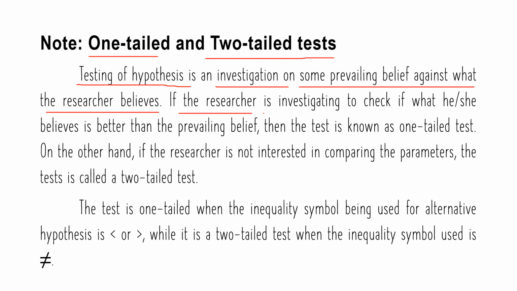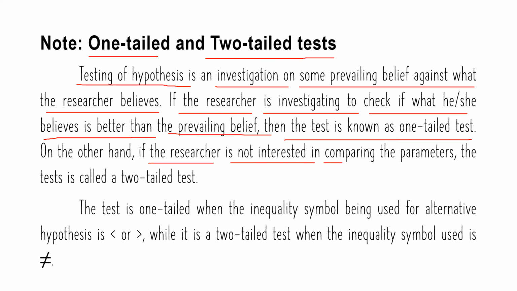If the researcher is investigating to check if what he or she believes is better than the prevailing belief, so there's a comparison between these two variables, then the test is known as a one-tailed test. On the other hand, if the researcher is not interested in comparing the parameters, the test is called a two-tailed test.